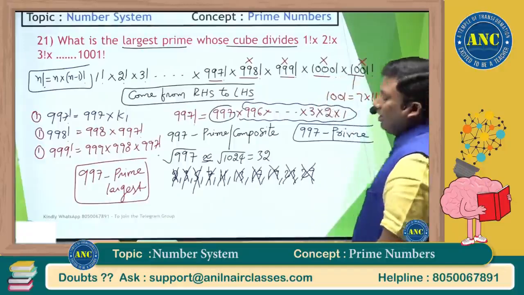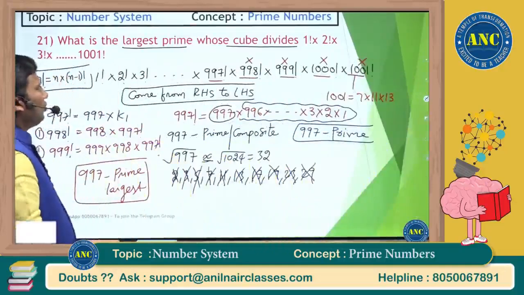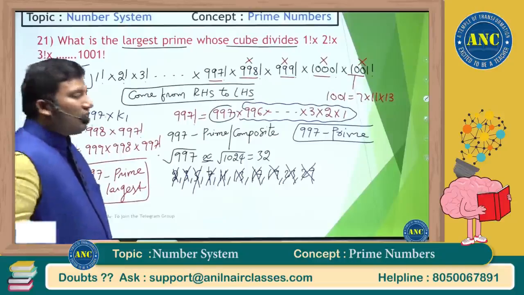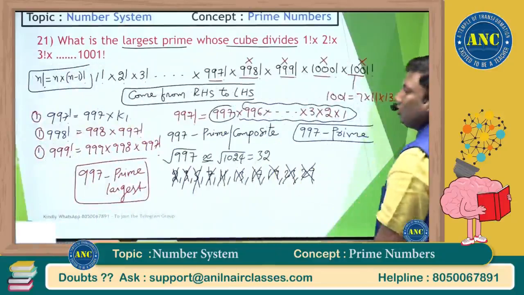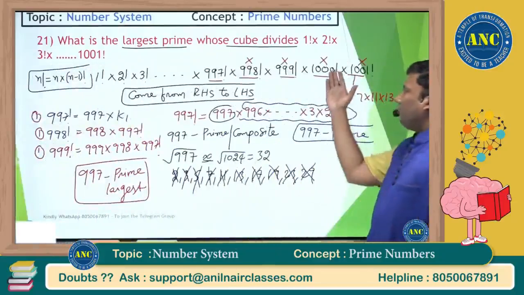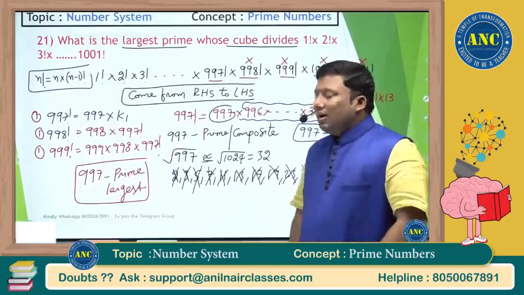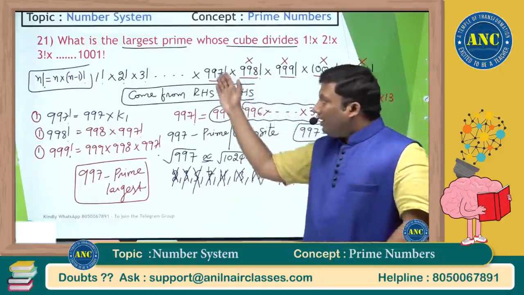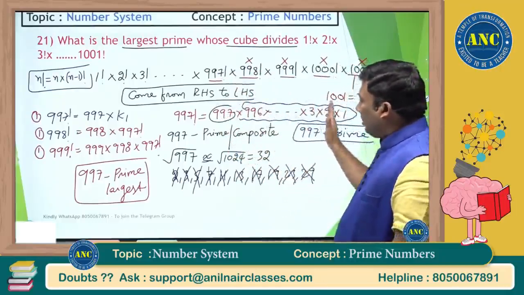Again I am telling, it's a very beautiful question, sir. 1 factorial into 2 factorial and so on up to 1000 factorial. I want the largest prime number. 1001 is 7 into 11 into 13, a composite number. 1000 is an even number. 999 is a multiple of 3. 998 is even. 997 factorial is 997 into 996.